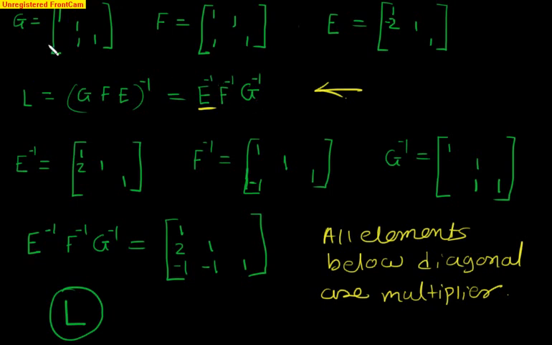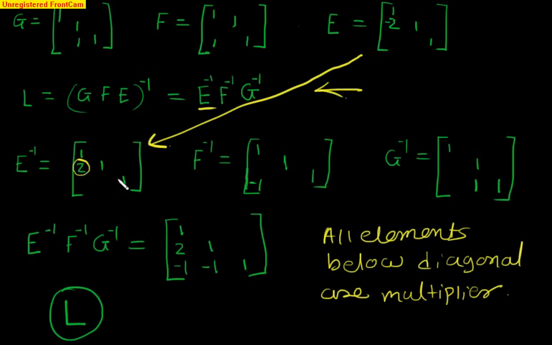See here, I have written what we have, GFE. Look at here how I find it out. E inverse from E. What is the difference between these two, E and E inverse? Just I have reversed the sign. Of this element -2, I have written only 2.